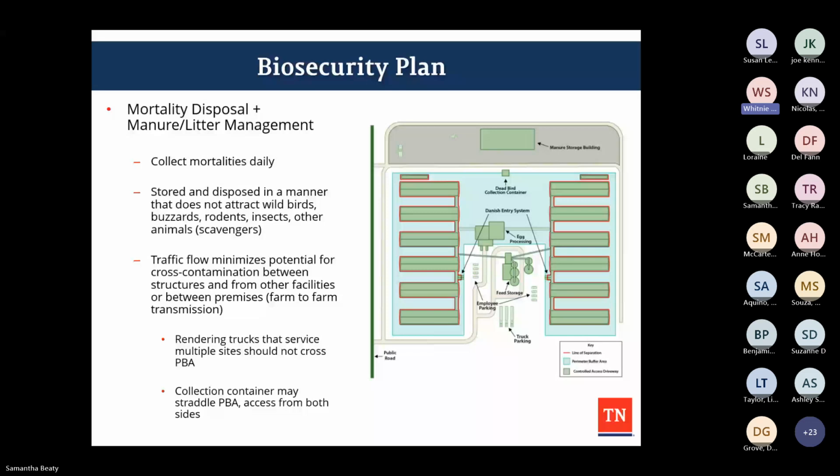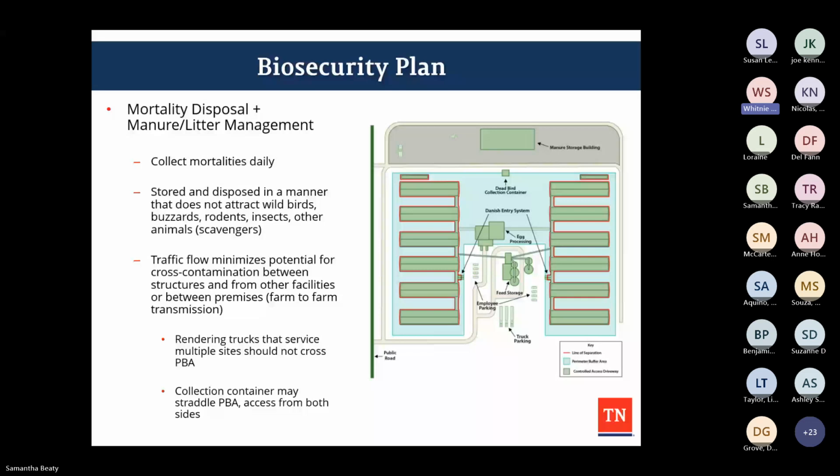Also making sure that rendering trucks that may be going to multiple sites do not cross that perimeter buffer area. And so one way to kind of help mitigate that would be having your collection container straddle the perimeter buffer area. So you can see the diagram on the right, they've implemented this.